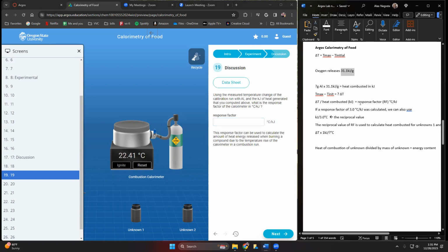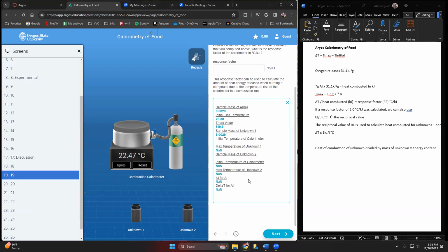Our response factor, RF, how we calculate that is the change in temperature over the heat combusted in kilojoules. Those are previous calculations that we just talked about a minute ago. We have the temperature change and the kilojoules. So we take that temperature change divided by that, and our answer will be in degrees Celsius per kilojoule. And that is our response factor.